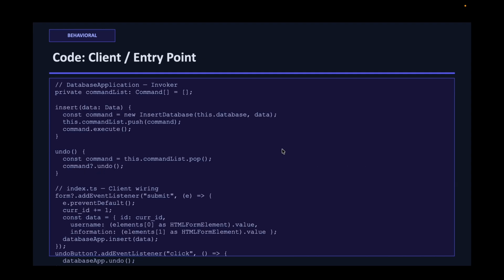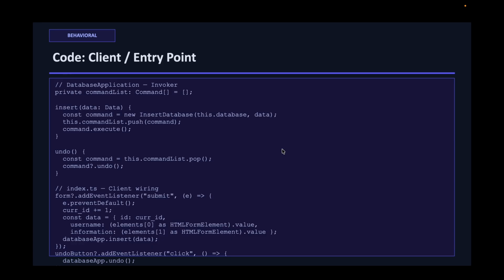Here's where the invoker key methods wire everything together and how the index TypeScript file works. It hooks them up to the DOM. In the insert, the invoker creates the command, it pushes it, and executes. In the undo, it pops from the array list and it calls the command undo.